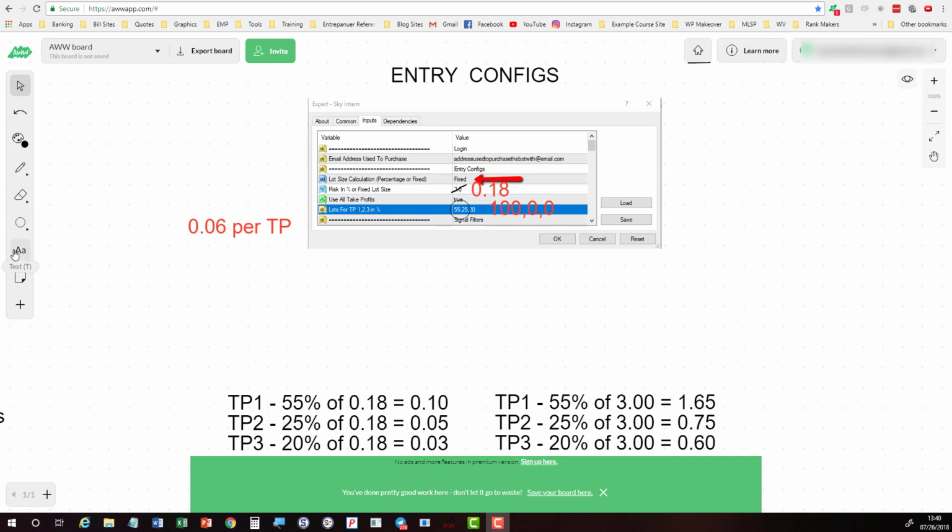Then if you put 0.18 and you put this as 50 and 50, right here, 50 comma 50, it'll break that total lot size into two equal parts, which would be 0.09 for each of those.